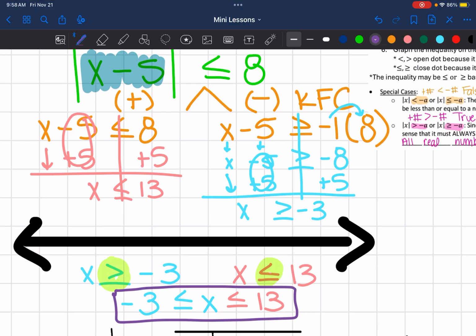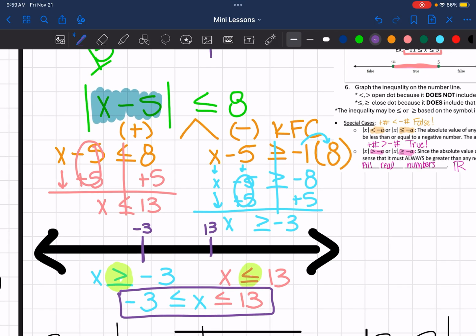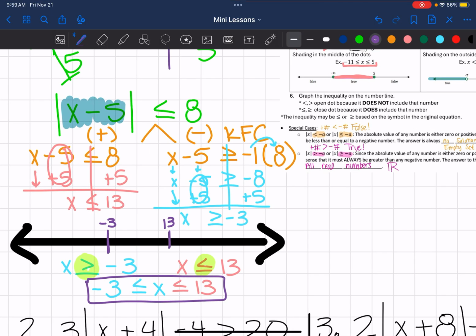Now to graph this answer, and I know I'm definitely running out of space, we are going to just claim this as my -3 and here as my 13. And then because we are dealing with the or equal to's, so again, if we have or equal to, so less than or equal to, greater than or equal to, we are going to use a closed dot.